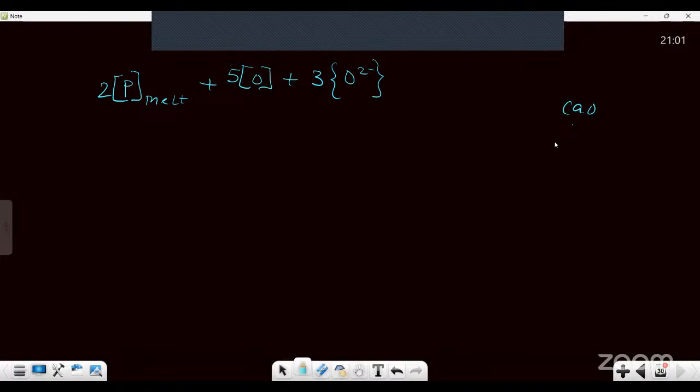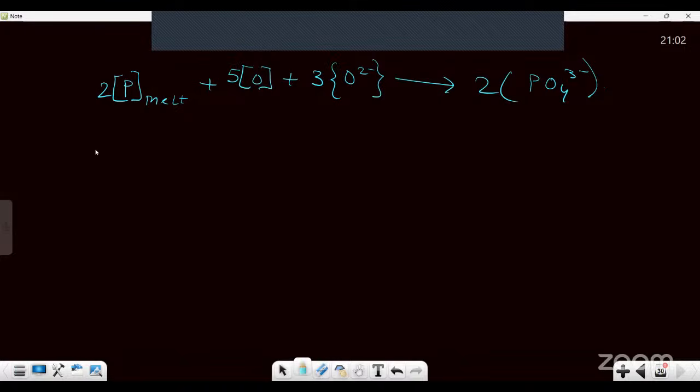CaO is going to dissociate into Ca2 plus and O2 minus. The presence of O2 minus ions tells you that the atmosphere is basic. So it requires this, and ultimately what we will get is PO4 3 minus.